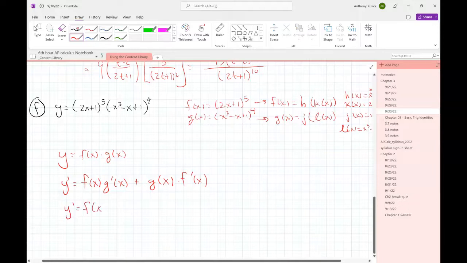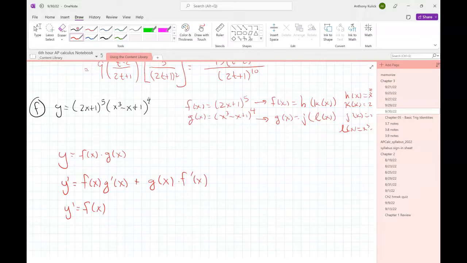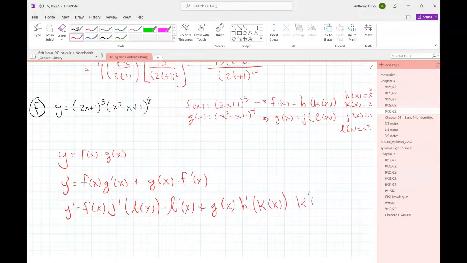But g prime of x is really going to be j prime of L of x times L prime of x. And then f prime of x is really going to be h prime of k of x times k prime of x.